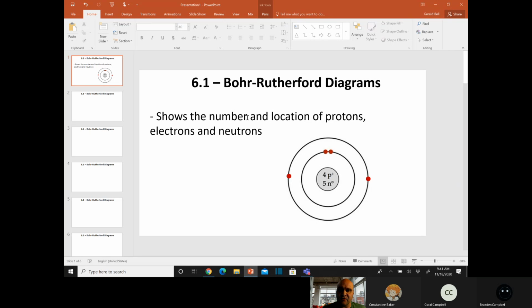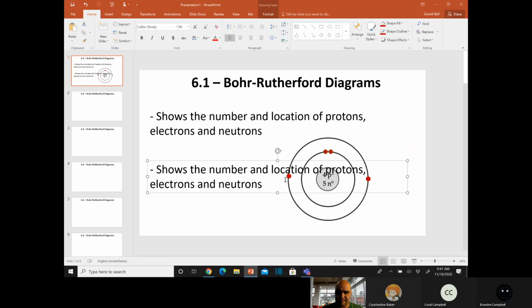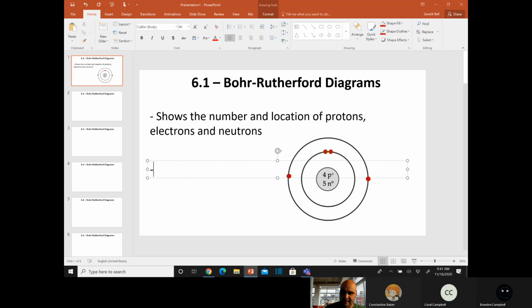So let me add just a couple of points here as well. Let's say P's and N's, so protons and neutrons, are found in the nucleus of the atom.